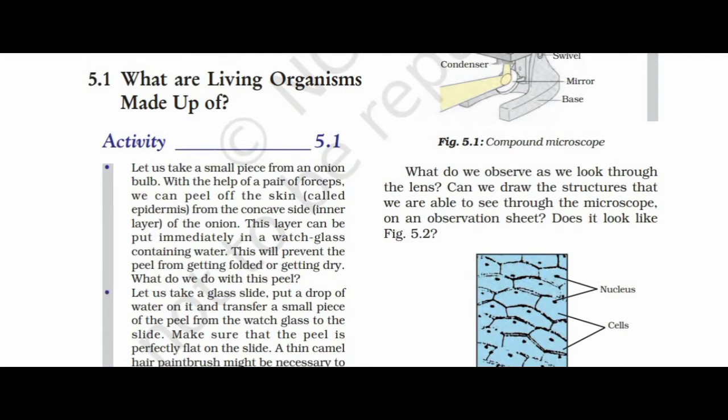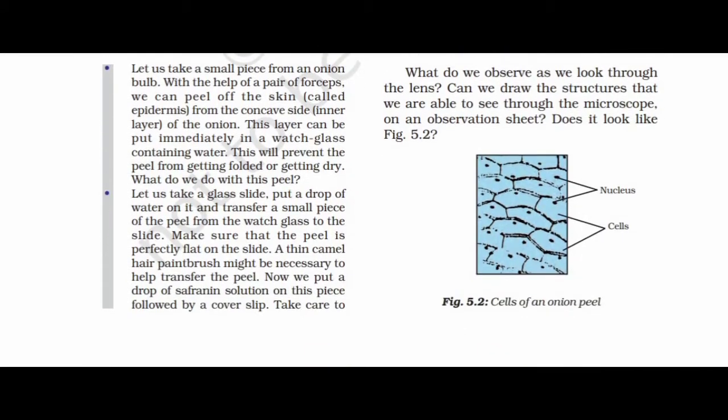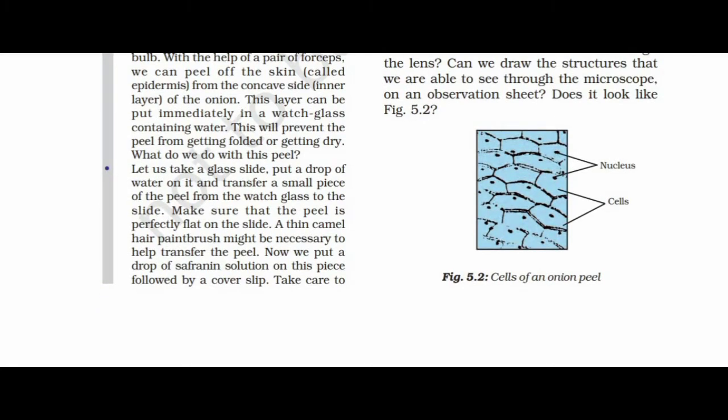What do we do with this peel? Let us take a glass slide, put a drop of water on it and transfer a small piece of the peel from the watch glass to the slide. Make sure that the peel is perfectly flat on the slide. A thin camel hair paint brush might be necessary to help transfer the peel. Now we put a drop of safranin solution on this piece followed by a cover slip.